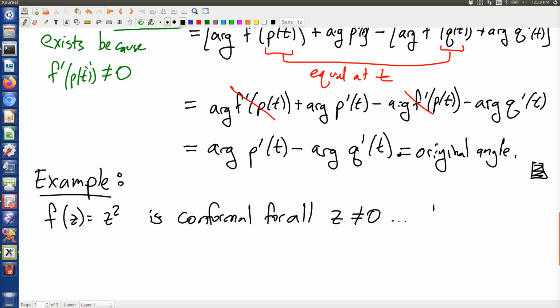Why? Because f prime of z is just the usual 2z, that's not 0 whenever z is not 0. Of course, you could cook up lots more conformal mappings this way. So this is a very convenient way to find conformal mappings. Just find complex analytic functions, find where the derivatives don't have zeros, and you've got a conformal map. And that's the end of the story.